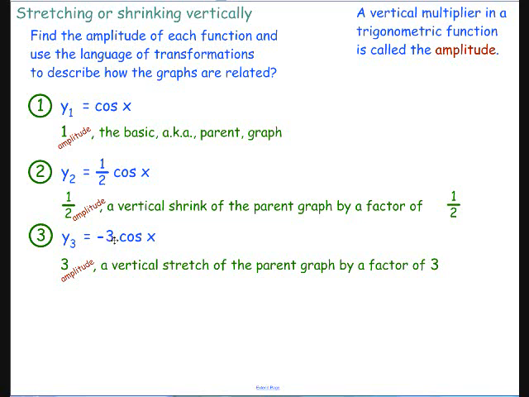What it's going to do is reflect the graph on the x-axis. We'll talk more about that later. Okay, but this is the thing to pay attention to here.